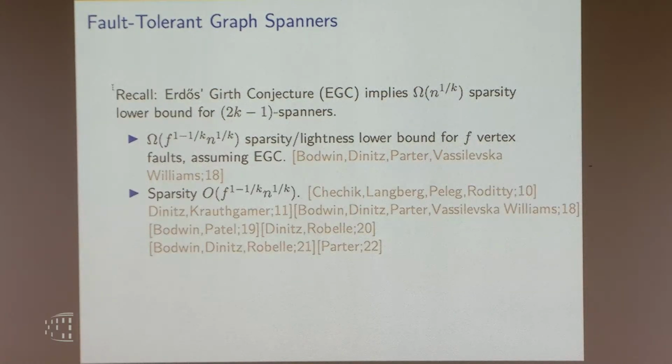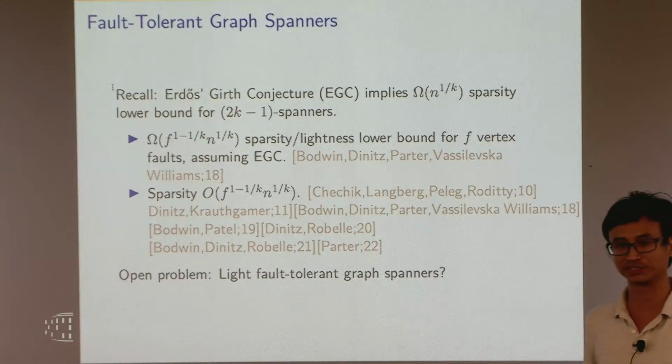And then there is a sequence of work starting from the paper in 2010. There's some work by Virginia as well, where you can get more or less exactly these matching upper bounds. So that's what we know, but at least I'm not aware of a lightness version. Lightness is trickier because of whether you want to be competitive with a minimum spanning tree.